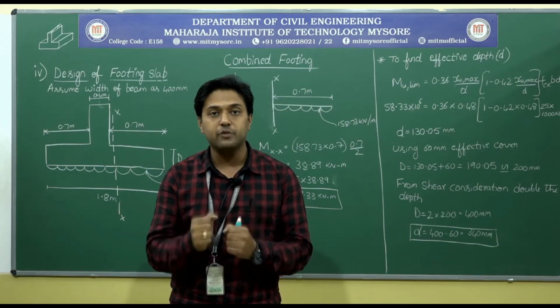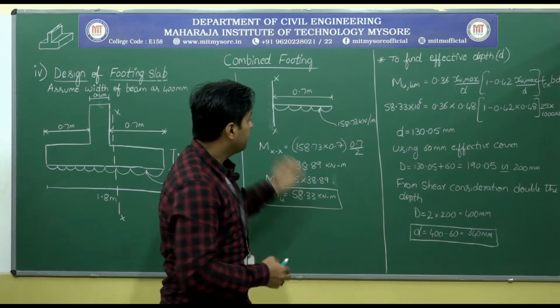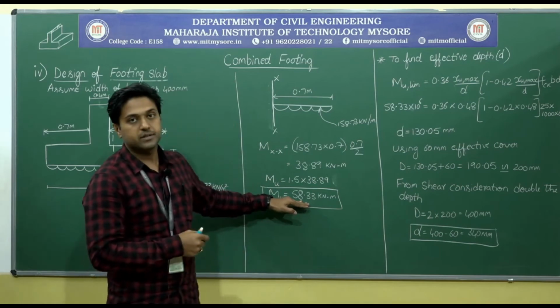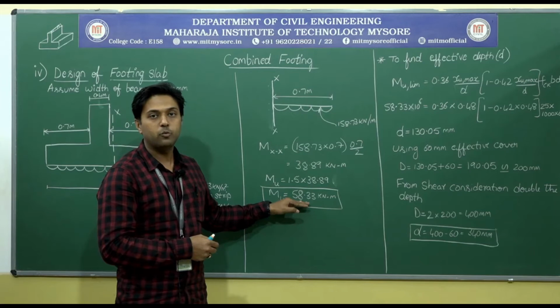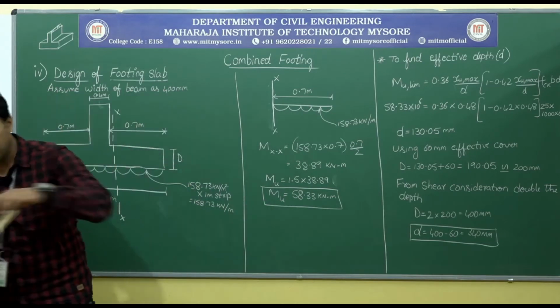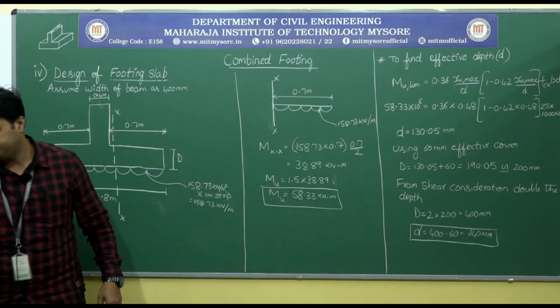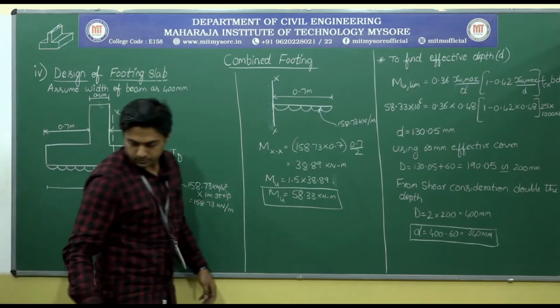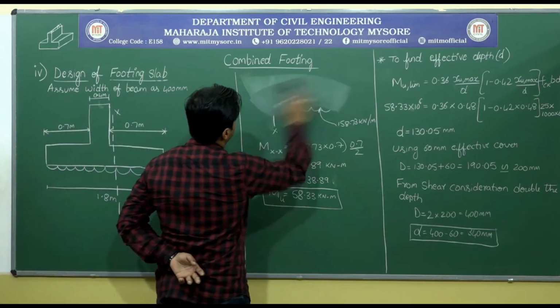How much area of steel you need to give? That depends on how much it bends. We have already calculated how much it bends. So now we'll move on with the area calculation. So now area of main steel, I will be going with, I will be rubbing this part.